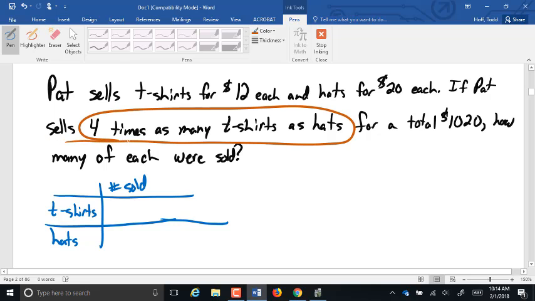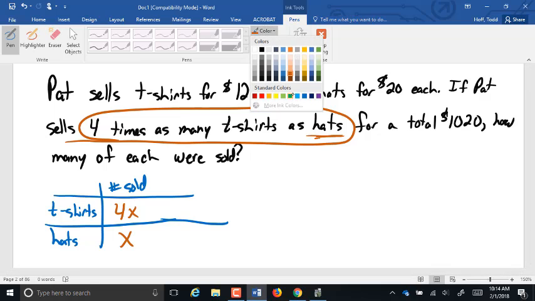Yes. 4 times as many t-shirts as hats. Which one do we have to know first? Well, to figure out the t-shirts, we have to know how many hats. If we know the hats, we call hats X, the t-shirts is 4 times X.